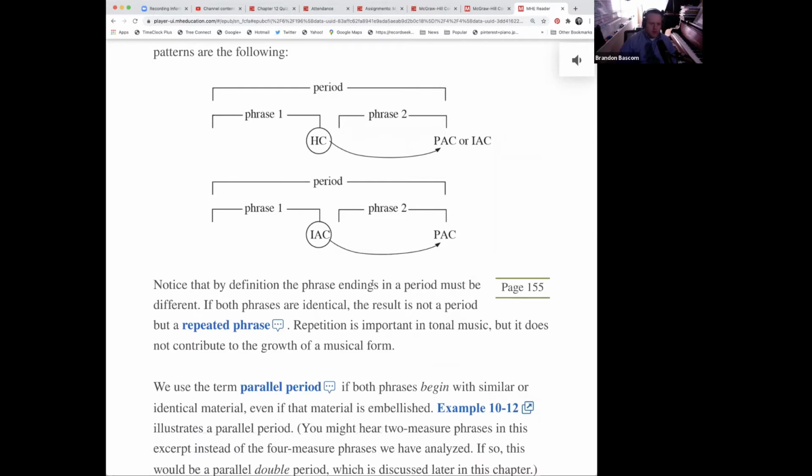We use the term parallel period if both phrases begin with similar or identical material. Remember Ode to Joy.